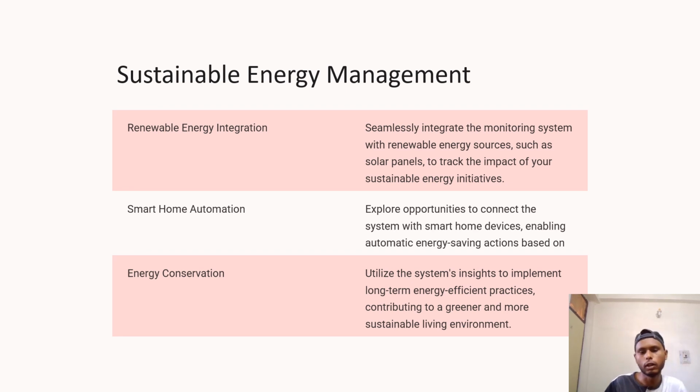For example, if we are traveling outside and we forget to turn off some electrical appliances, then from the mobile application we can control all the electrical devices in our home and turn off any appliance. So it will contribute to a greener and more sustainable living environment.